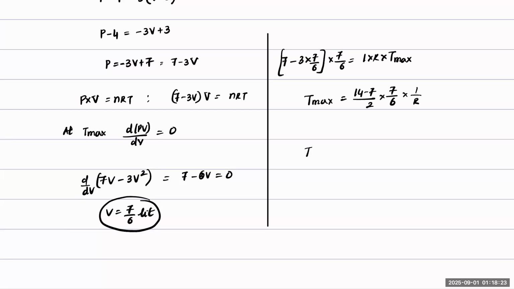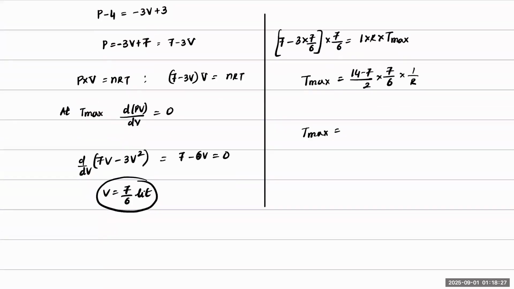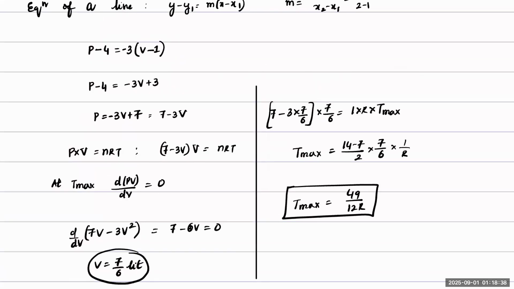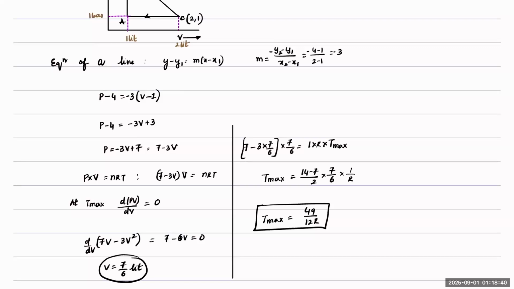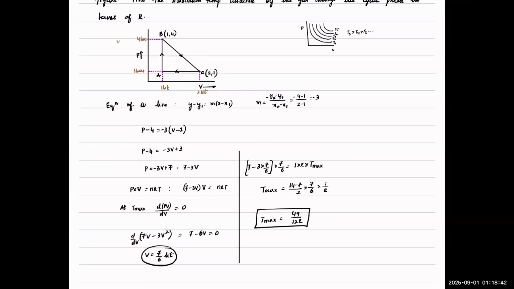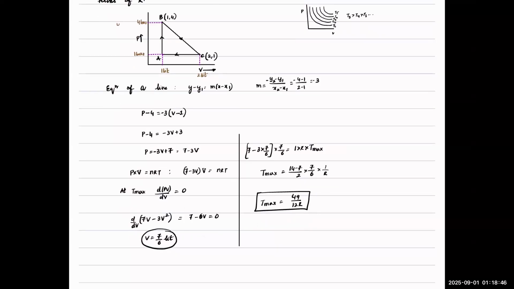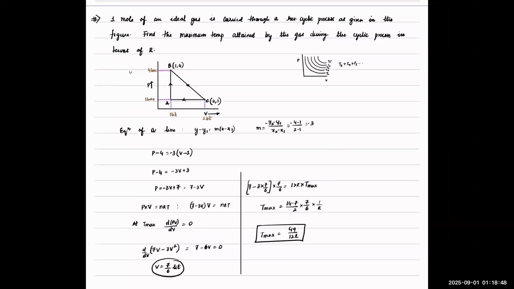So T maximum will be equal to 49 divided by 12 R. This is the temperature which is the maxima in this cyclic process. All right, please check this out.